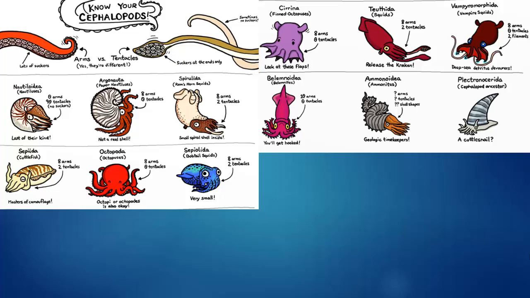And it says a cuttle snail with a question mark there because it's kind of hard to put together the evolutionary lineage for things that are extinct like that based off of only a fossil record. But they look like a snail that had started the process of forming a shell in a similar fashion to an ammonite. Hence the whole a cuttle snail question mark.